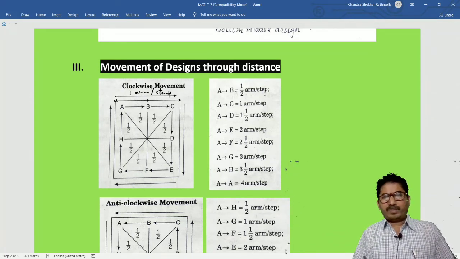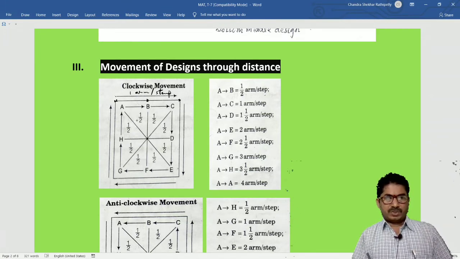Here I mentioned A to B half step, A to C one arm, A to D one and half arm, A to E two arms or two steps, A to F two and half steps, A to G three steps, A to H three and half steps, A to A complete rotation four steps.